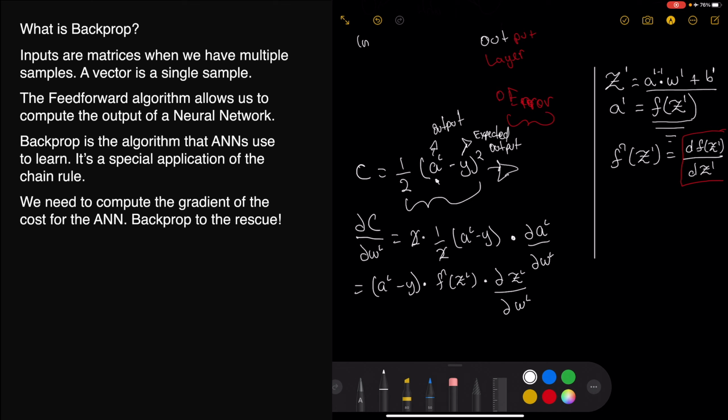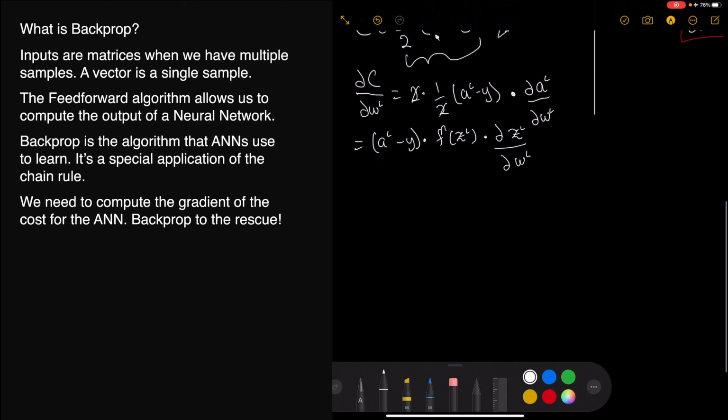Our z function says that zL would be defined as aL minus 1 times wL plus bL. So it's easy to see from there that the derivative of zl with respect to wl is just al minus 1, right?